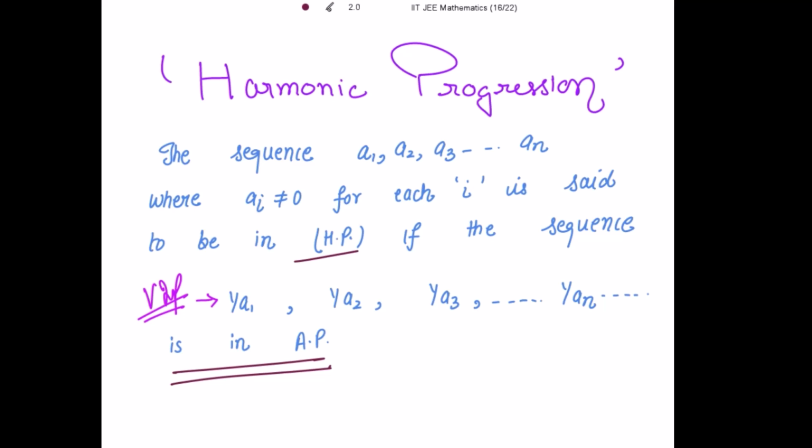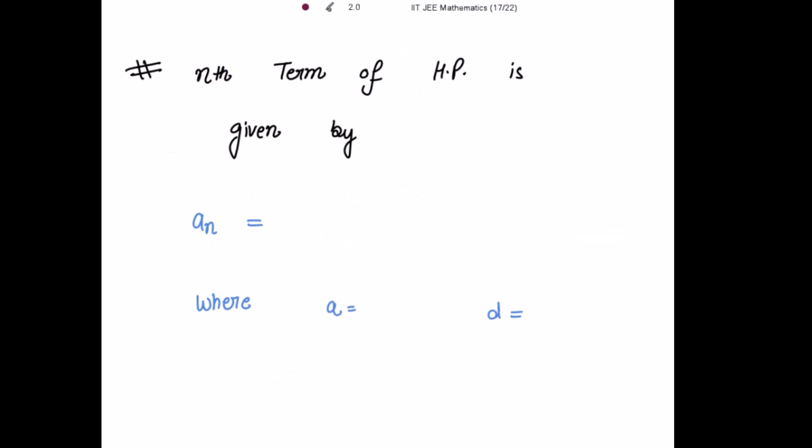Very important to note this. Then the nth term of an HP is given by 1 divided by a plus n minus 1 into d, where this a is 1 divided by a1, that is the reciprocal of the first term, and this d is taken to be 1 divided by a2 minus 1 divided by a1. You have to take d like this.